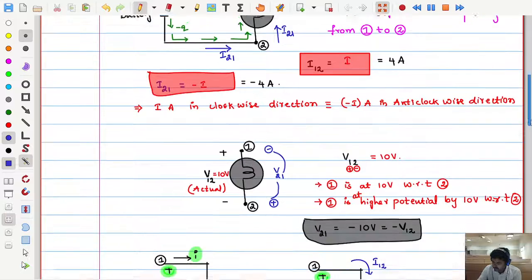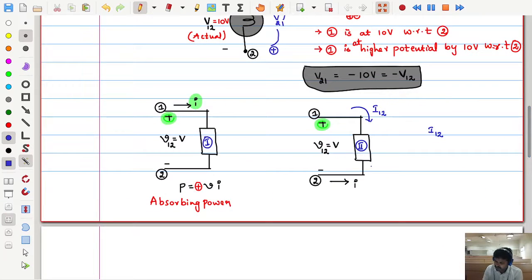So now you can clearly see, how much is the current passing through this element? In the upward direction, I amperes. But what current do I need? I12.